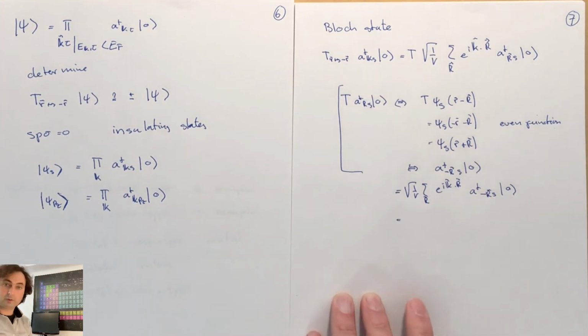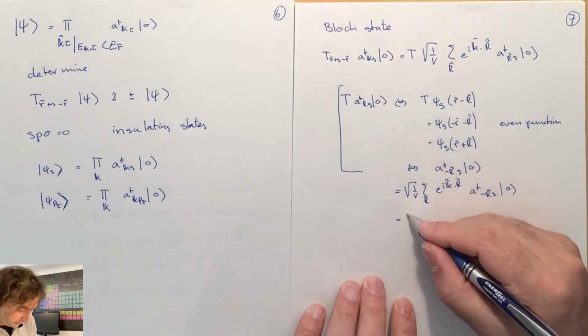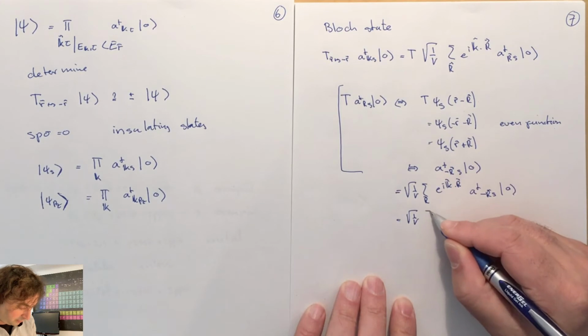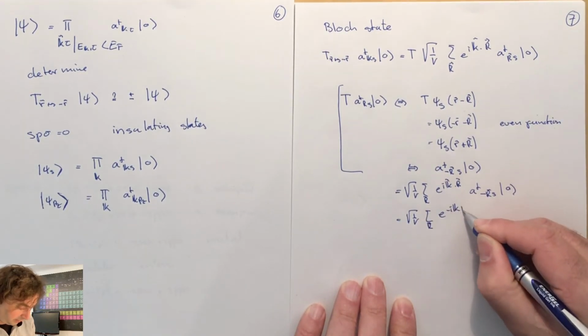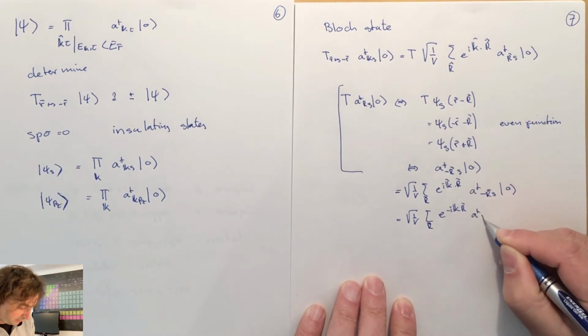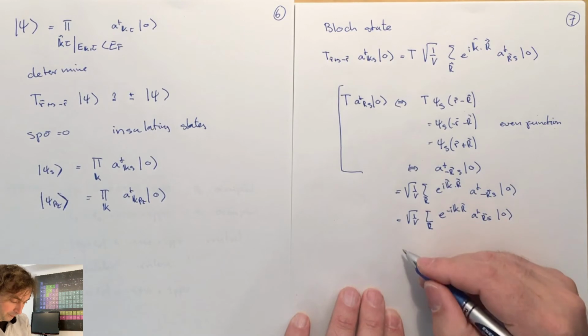Now as we sum over all lattice sites, we can also sum over minus all lattice sites, so I can change r to minus r everywhere. And that is the normalization, square root of r, e to the minus i k r, a dagger r s out of the vacuum.